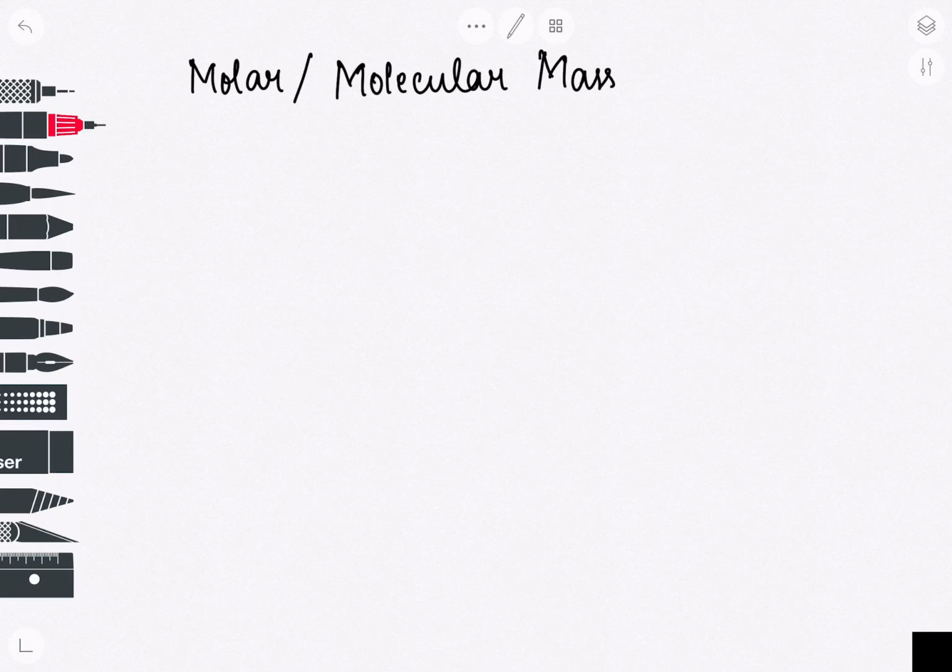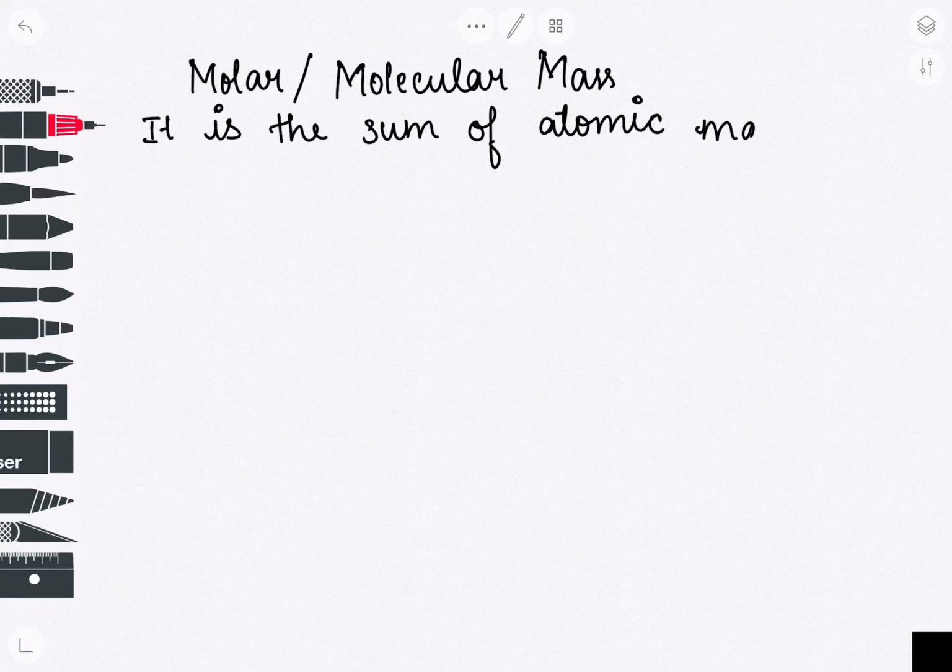First, we should know what molar mass or molecular mass is. It is the sum of atomic masses of all the atoms in the molecule.